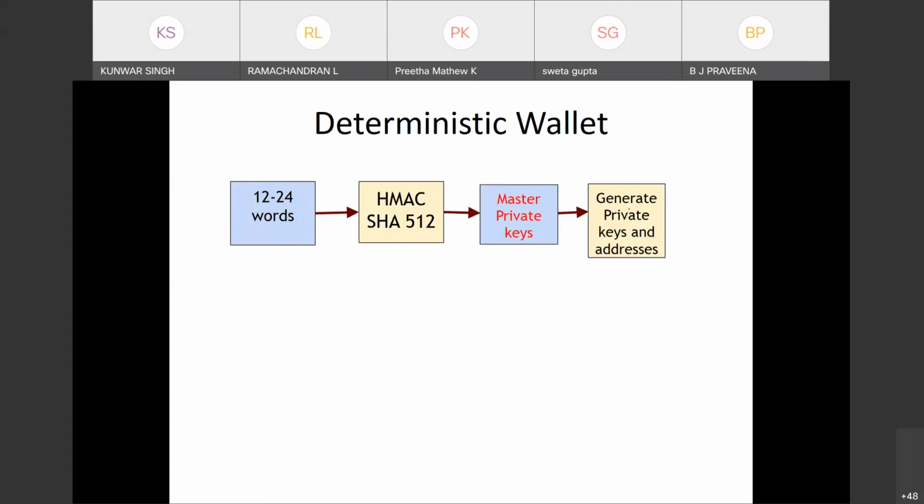From there you can generate many private keys and many addresses. These private keys and addresses are related because their origin is the same, their seed is the same. You can choose some words which you can remember, find the hash, and then you will get the master private key. From the master private key, you can generate many private keys and addresses.